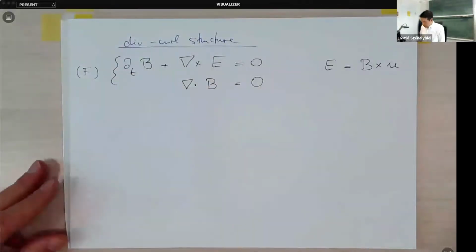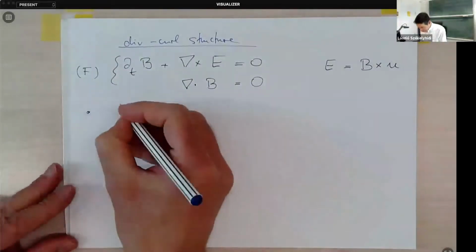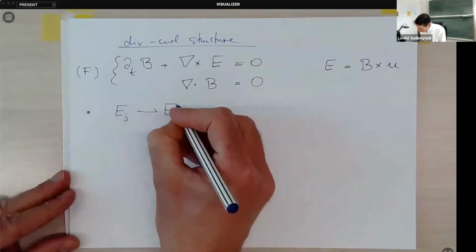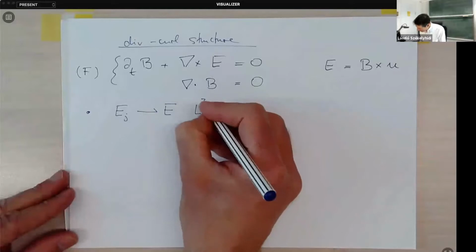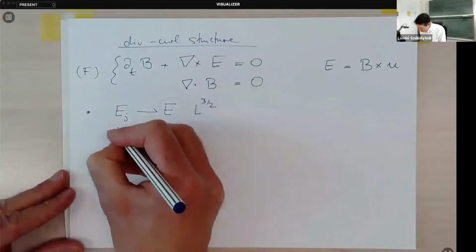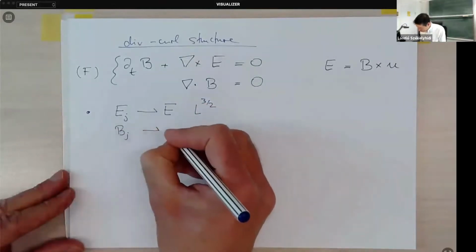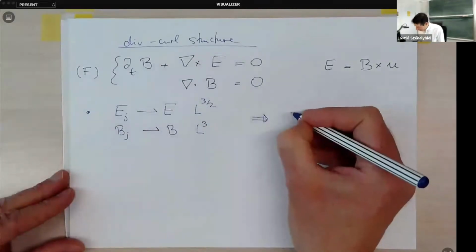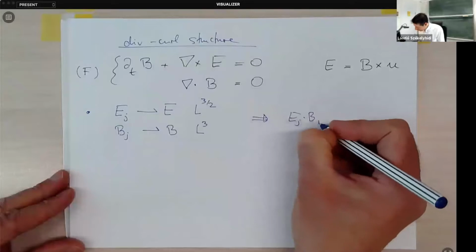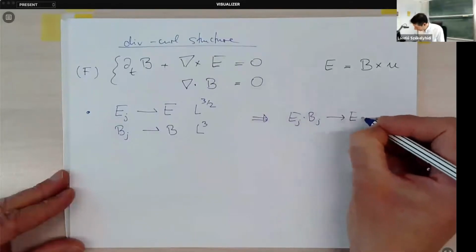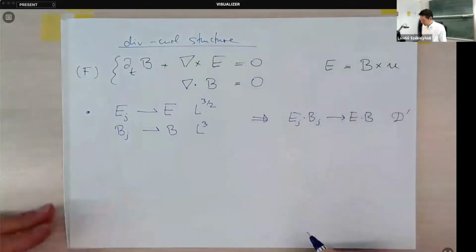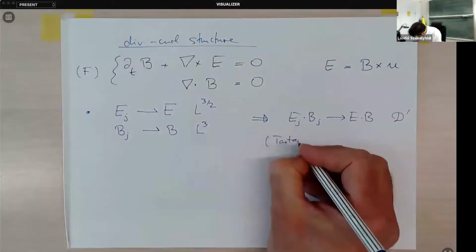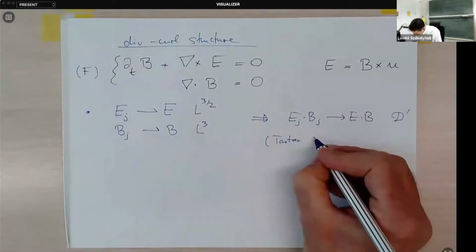And then, of course, a typical diff-curl type result is that if I have a sequence, E_j converging to E weakly in L^{3/2}, B_j converging weakly to B in L^3, then E_j dot B_j is converging, as a distribution, to E dot B. I believe this is actually a theorem of Tartar in the 1970s.